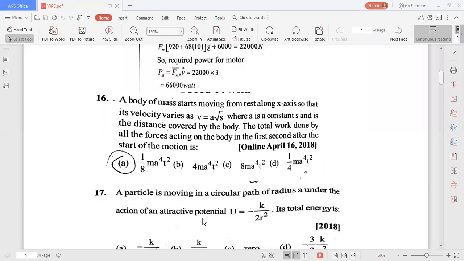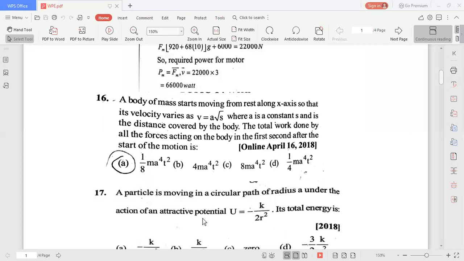Sixteenth one. A body of mass m starts moving from rest, so the initial velocity is 0, along the x-axis, so that its velocity varies as v equals a root s, where a is a constant and s is the distance covered by the body.